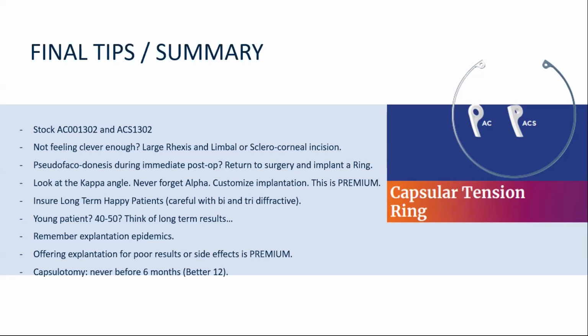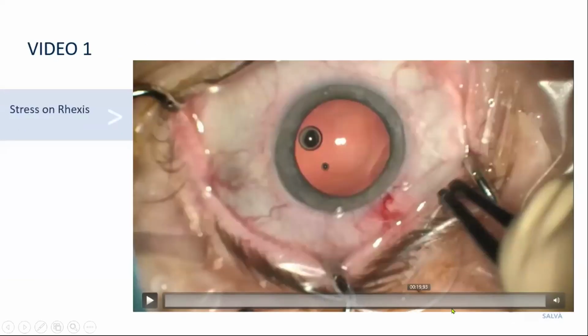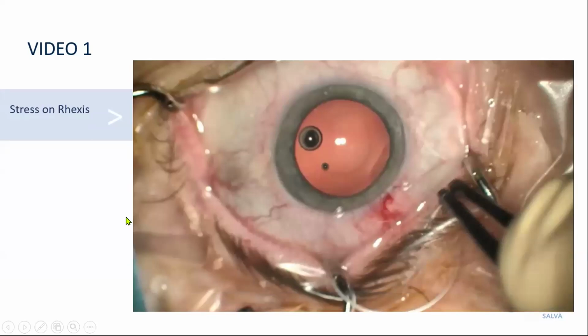When the capsular bag is still fresh and stretched, you can have, after the first shot of the capsulotomy, a tear that can get to the equator. So do not do it. Better 12 months at least for the capsulotomy if the posterior capsule gets opaque. Now I'm going to show you some short videos of implantations to give an example of what I told you lately.